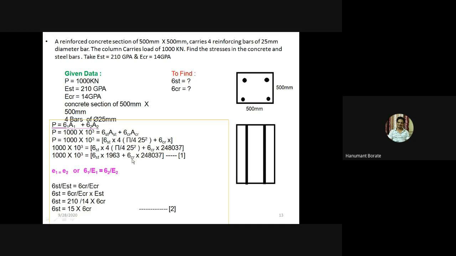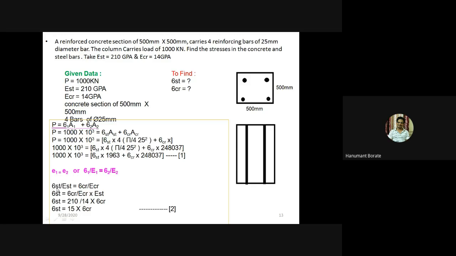Then the second equation is the basic assumption of a composite parallel system: the strain is the same, so epsilon 1 equals epsilon 2. Replacing epsilon by sigma by E, sigma 1 by E1 equals sigma 2 by E2.